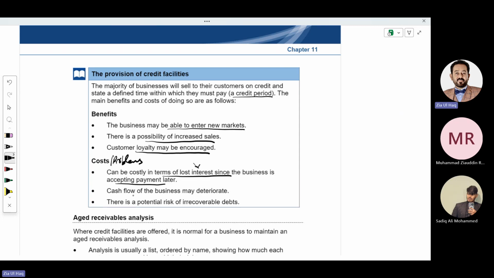There may also be a cash flow problem, because the business needs to pay the supplier in 30 days, but will receive from the customer in 60 days. So for 30 days, you might face a cash flow issue. And there is the issue of irrecoverable debt, meaning there are chances of bad debts: the customer may not pay in future.